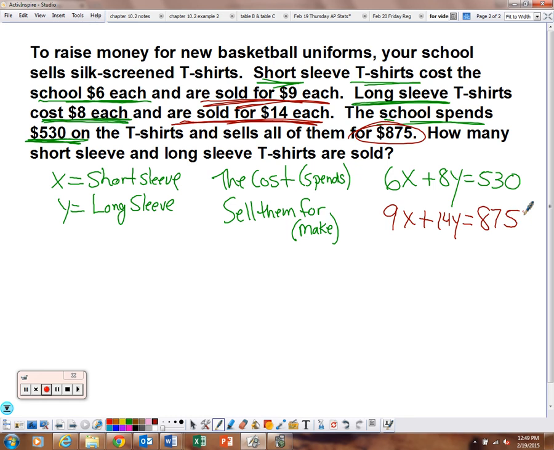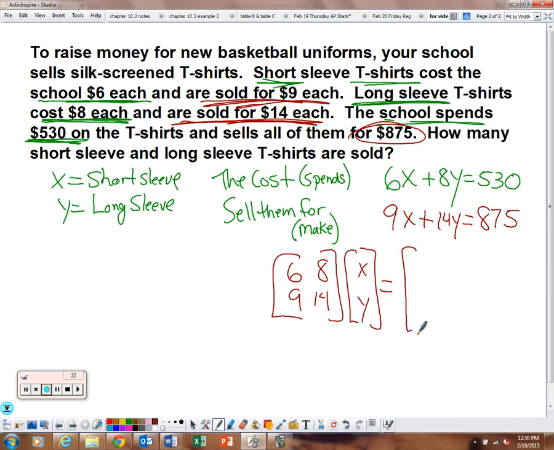I'm going to do it the same way as I did the last one with the matrix. All right, so we're going to go 6, 8, 9, 14. X, Y equals 530, 875. All right, put these into the calculator.